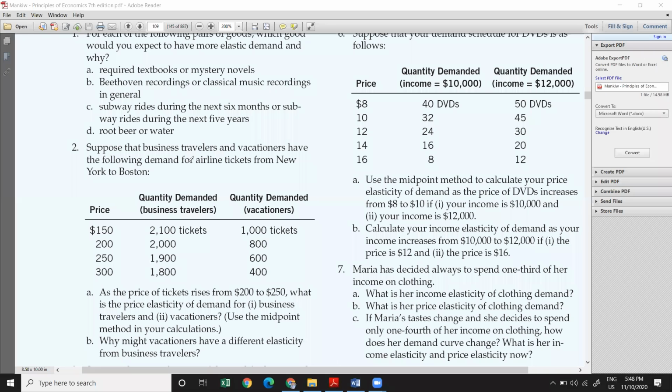In part A, as the price of a ticket increases from 200 to 250, what is the price elasticity of demand for the business travelers and vacationers? We have to use the midpoint method in our calculation.